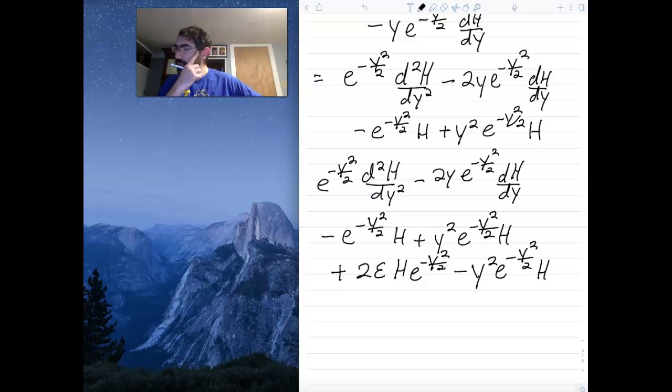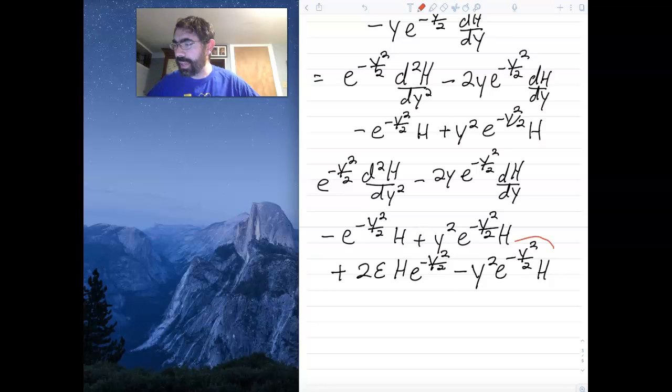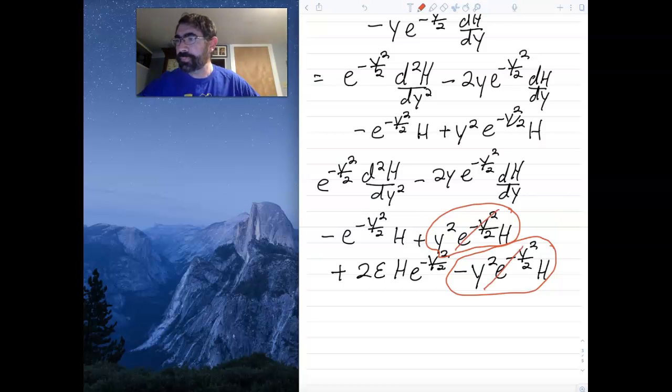And so if I look at this, two terms cancel. So essentially this last term here and this term right here, those terms cancel.